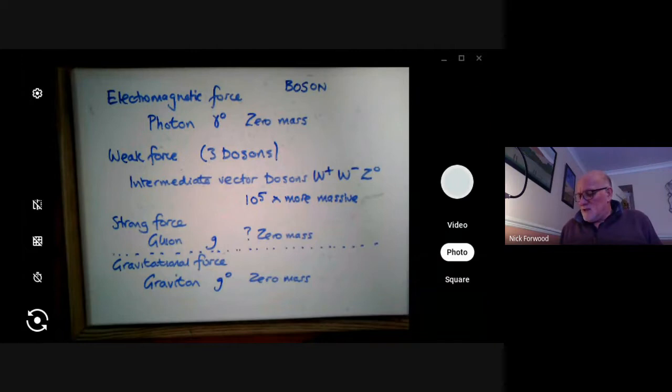And the discovery of it in terms of practical work was carried out at CERN. And I think it was only about 6 or 7 years ago that CERN announced that they had discovered the Higgs boson in an experiment that exactly matched Peter Higgs's theory that he did all those years ago.